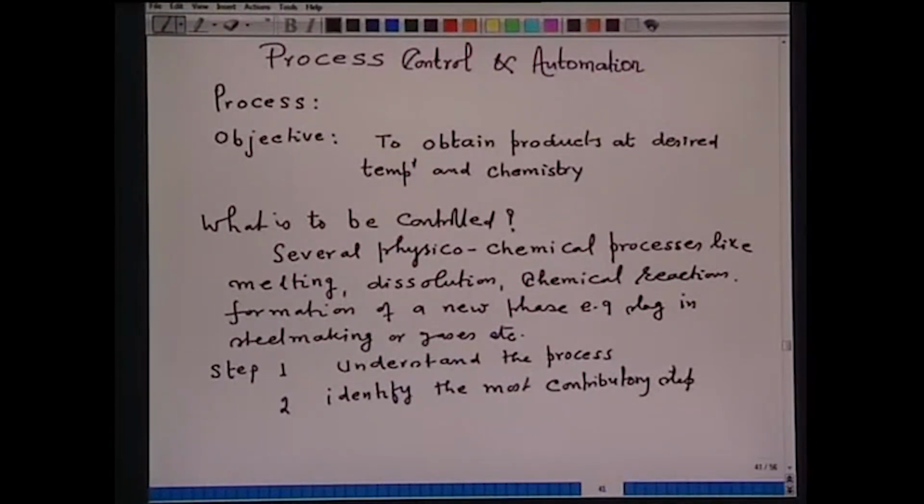That means out of several physico-chemical processes, there are few which are very largely responsible for the conversion of reactant into product. Once we have understood that, then we can develop a control strategy for that particular process, and accordingly the control models can be developed.